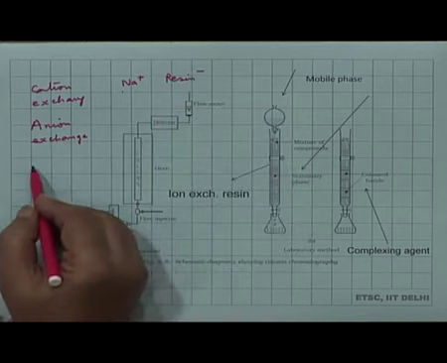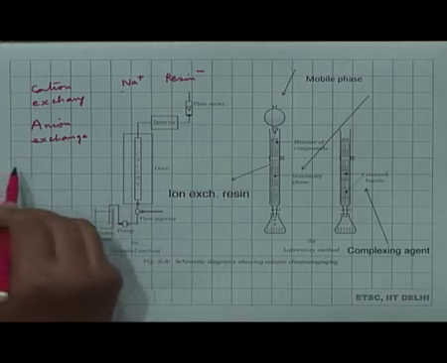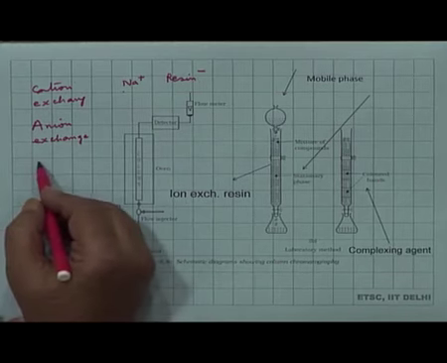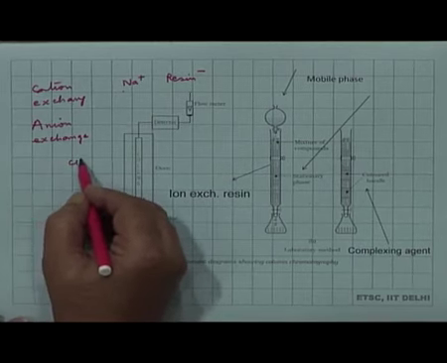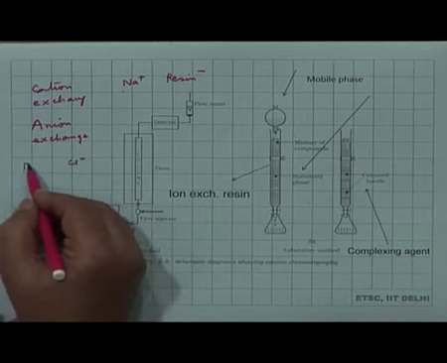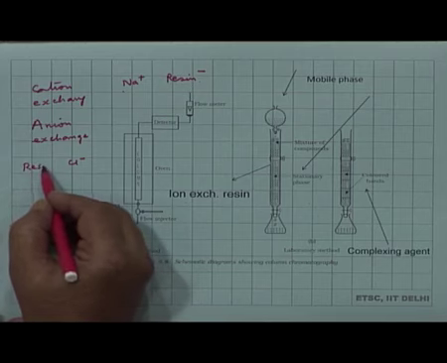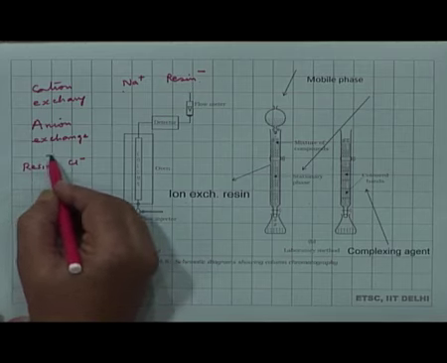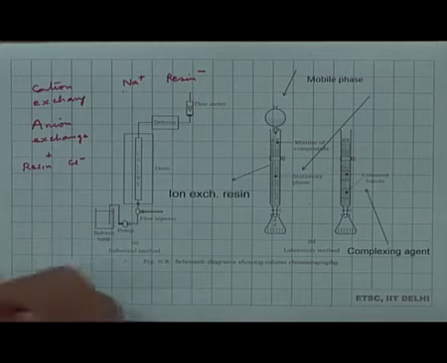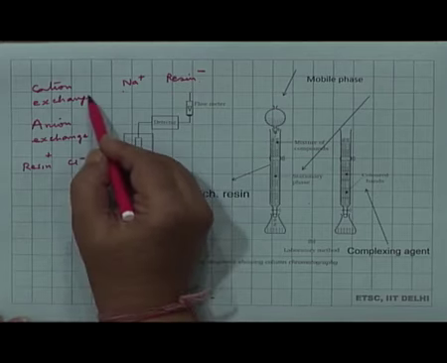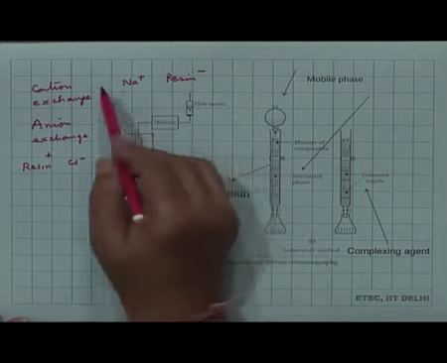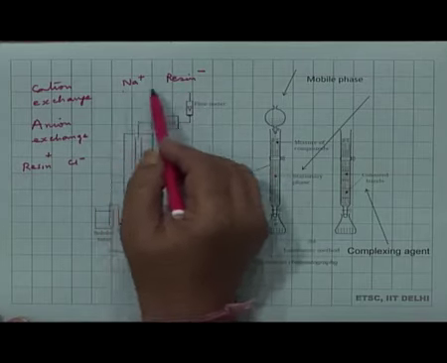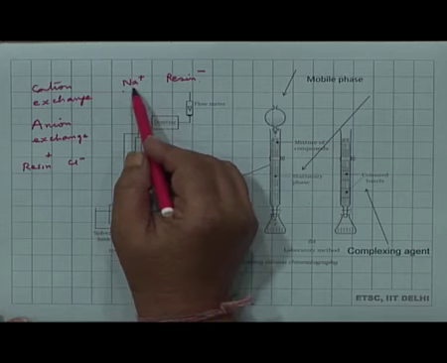Anion exchangers have, say, chloride ion and a resin bed which is positively charged. So, on this cation exchanger, if you pass the metal ion, it will replace sodium.